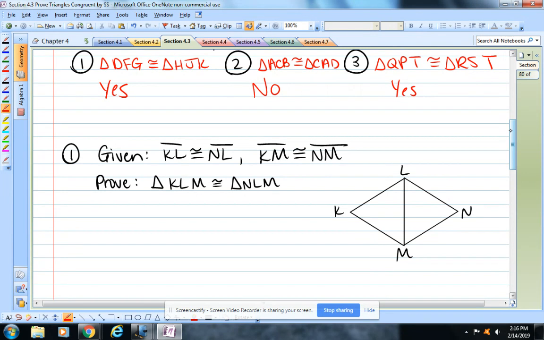So we're mainly just focusing on the segments today, since this is the side, side, side lesson. Draw the picture. This proof is kind of impossible without the picture. Put the right letters in the right spot and all that good stuff.